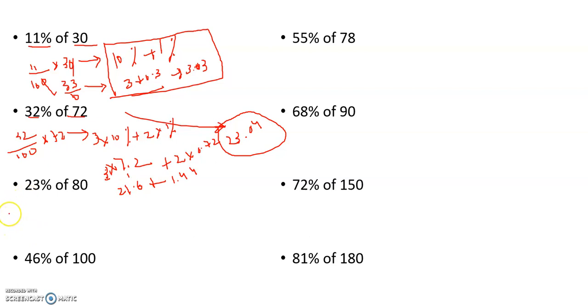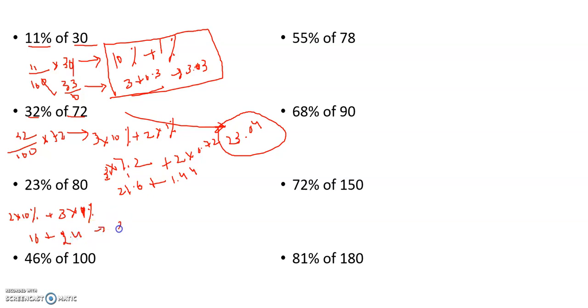Next, 23% of 80: 2 into 10% plus 3 into 1%. 10% is 8, so 2 8s are 16, plus 1% is 0.8, and 0.8 into 3 would be 2.4.